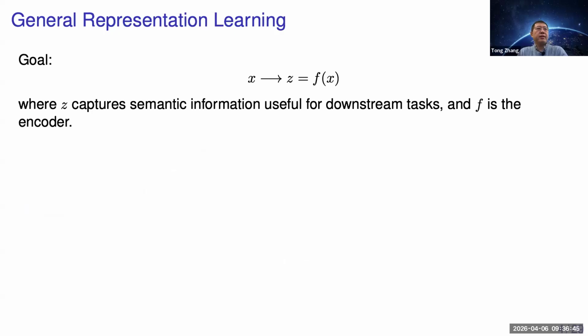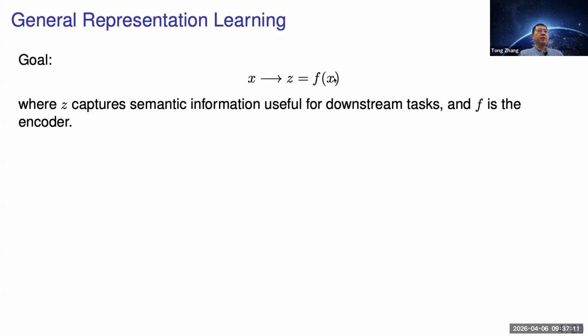For general representation learning, if you recall, we already have that. I just use the same notation. X is, let's say, your image, because in this lecture we talk about images. Z will be whatever representation. In both papers, it produces a vector: X to Z, where Z becomes a vector.